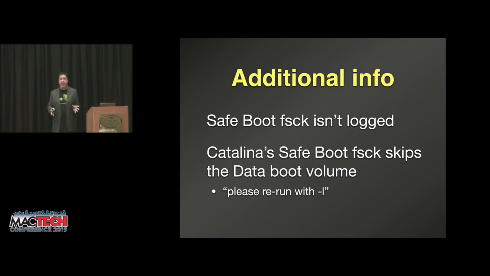Now, I'm anticipating Apple will fix this. This just looks like an oversight. But currently, as of today, if you do a safe boot on Catalina, it'll go really quick because it's only checking the read-only system volume, so you're not going to have your APFS snapshots there.